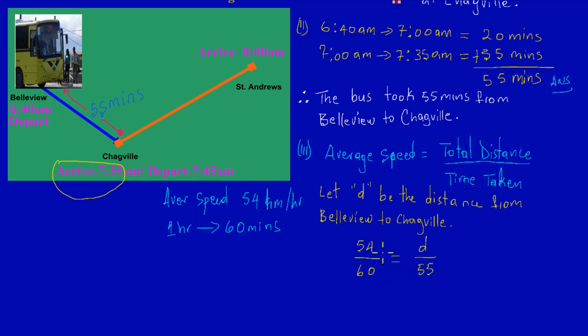So I could say 54 multiplied by 55, and then my 60 times d. Basically what I would get from that is 60 times d gives me 60d, and that would be equal to 54 times 55, which gives me 2,970.